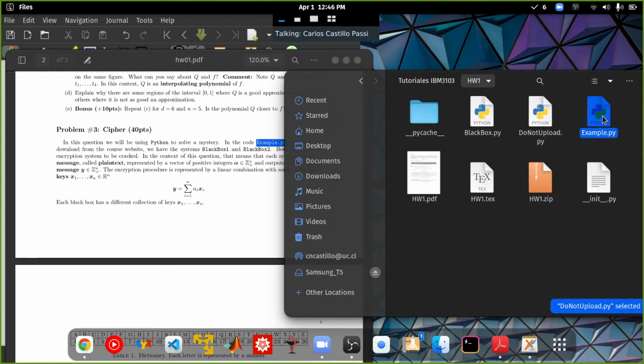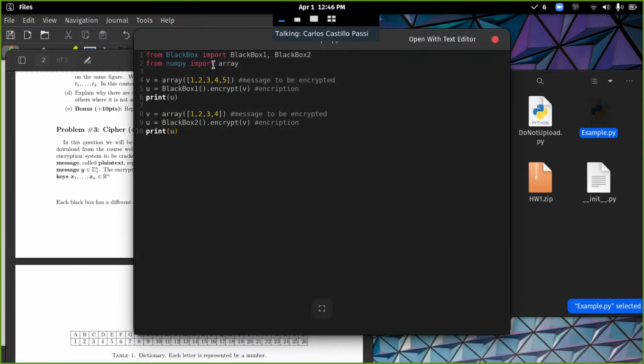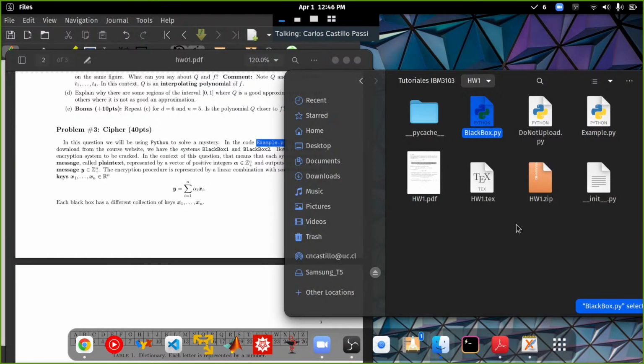That is basically calling blackbox1 and blackbox2. These are not actually functions, they are a class from a package called blackbox. And this will not work if you don't have, obviously, the blackbox package that I did.